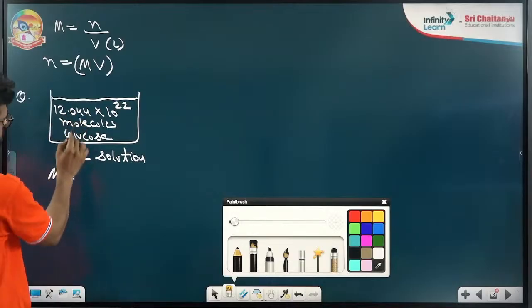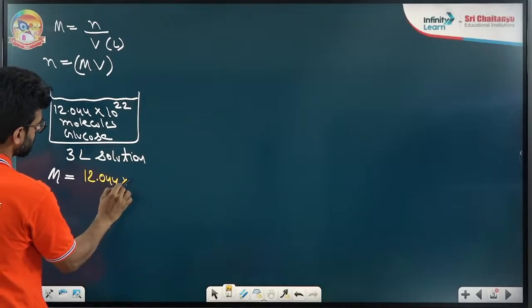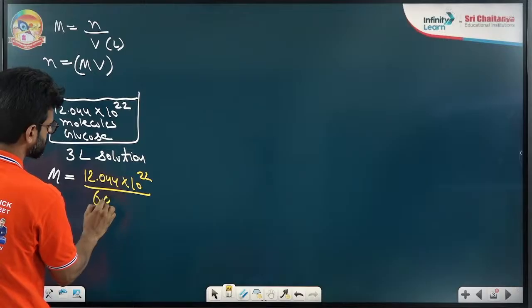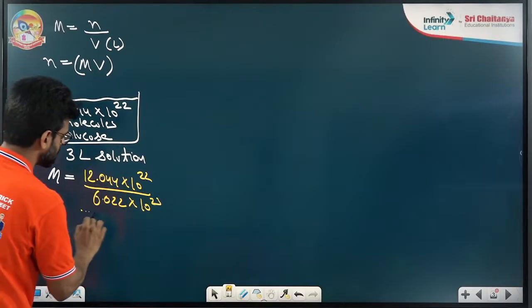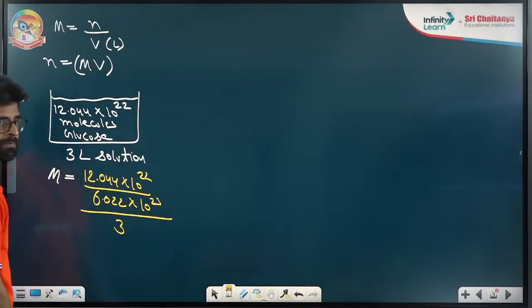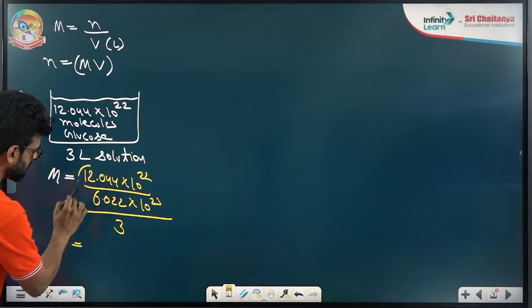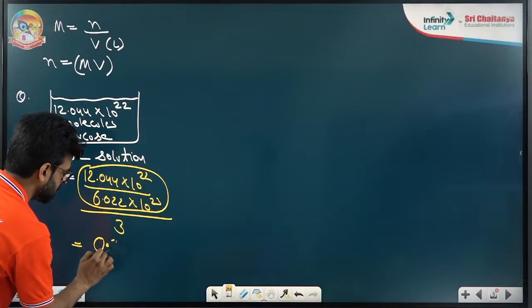From the molecules, it is 12.044 into 10 to the power 22, divided by Na, that is 6.022 into 10 to the power 23. So from here you can find the moles, divided by volume in liters, 3 liter. If you solve the mole thing, it is coming 0.2 moles.